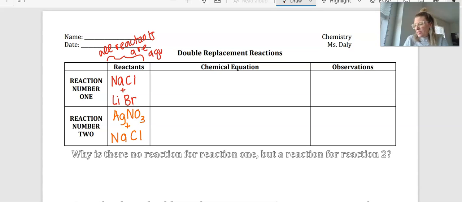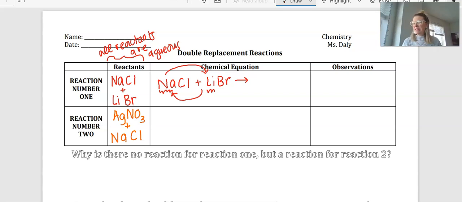Okay, so let's go ahead and write out those chemical reactions. The first one, again, is going to be NaCl plus LiBr. And we know this is a double replacement reaction because we're working with a compound plus a compound. We're really looking at swapping our Na with our Li because they're both the cations, and then predicting our products.